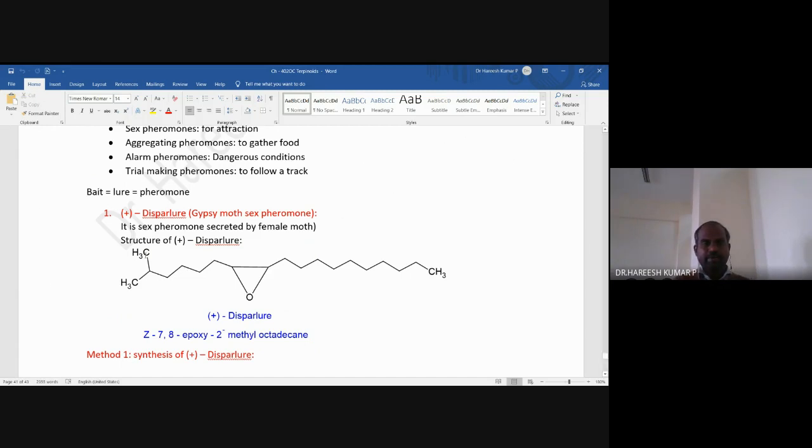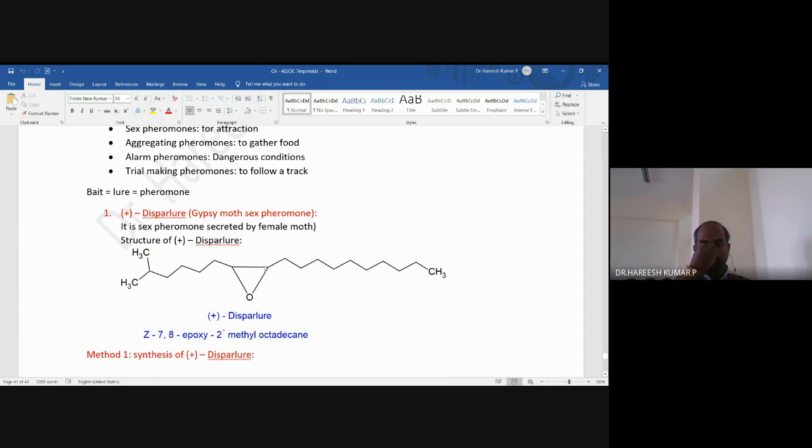So again, I'm taking the plus Disparlure. Okay, this is Gypsy moth sex pheromone, and it is a sex pheromone secreted by the female moth, and this will be the structure. So what you can observe here, there are 7 carbon atoms here and there are 10 carbon atoms here, and this will be the epoxide.